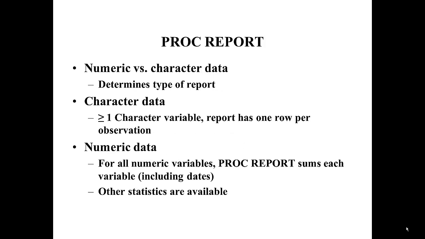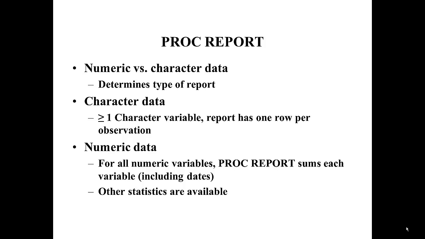The type of data you have is going to determine the type of report that SAS is going to generate. So if you're dealing with character data, and if there's one or more character variable, then the report is going to appear as one row per observation, which is what we see when we do a proc print.